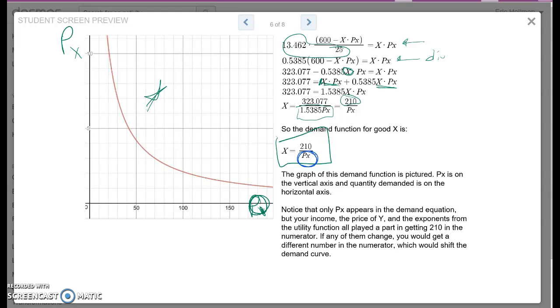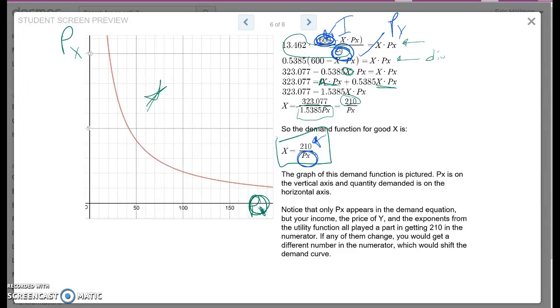However, we did use the 600, that was our income, and 25 was the price of y, of good y. So our income and the price of other goods did impact the number we got in the numerator here. Those constants are contained inside of the value we got in the numerator.